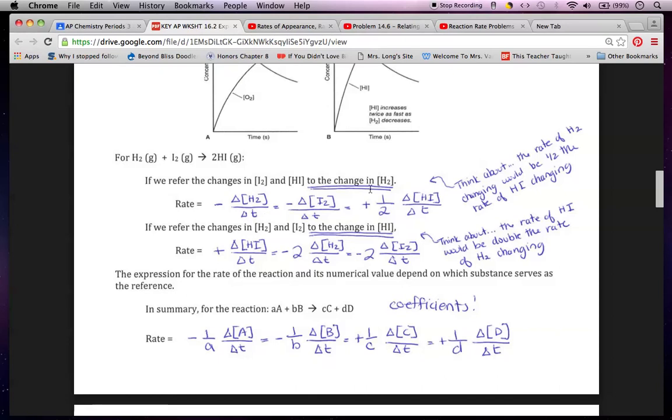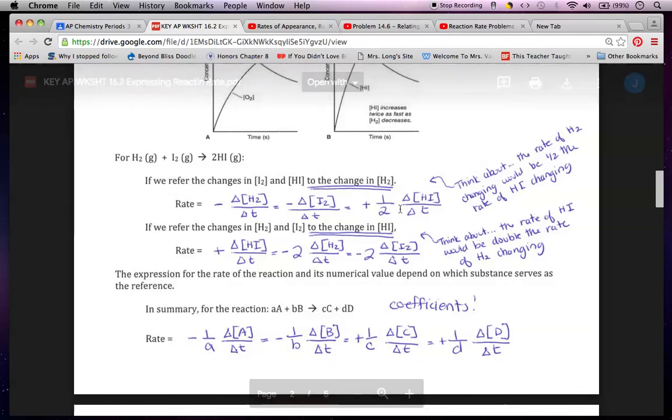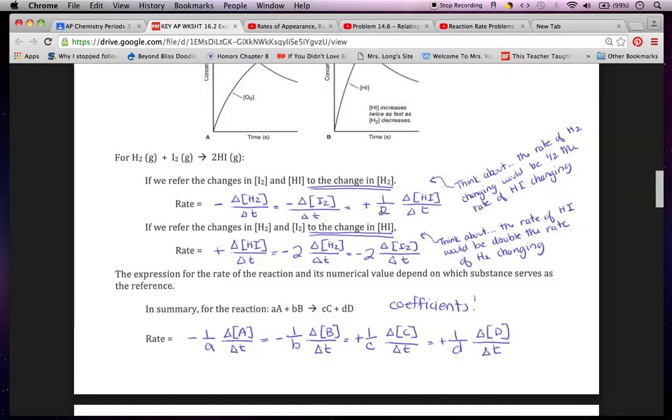Since H2 and I2 are 1-to-1 in the reaction, it would be the same for I2's concentration changing over time. However, when we look at HI, think about the fact that if this is 1-to-1, in order for these to be equivalent, we would need to take 1/2 the rate of HI increasing over time.